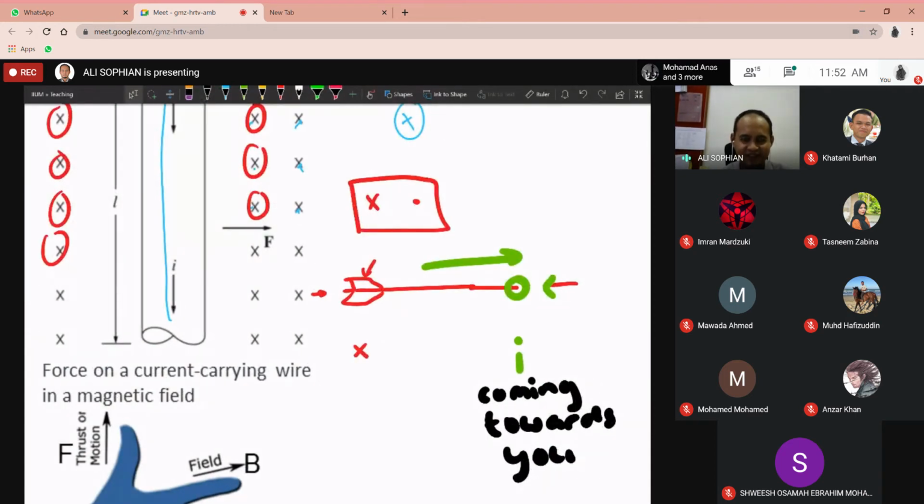But with the cross, if you are on this side, this is your tail, why is it so thick?